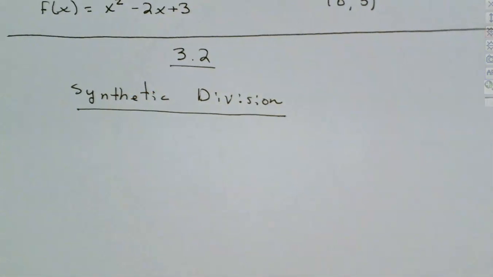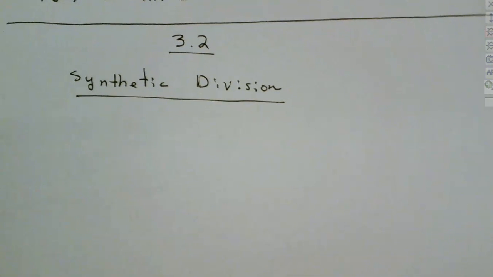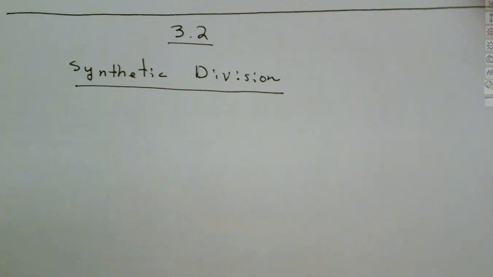We're going to be now talking about synthetic division. Synthetic division can be used in place of long division, and it can be used to find zeros of polynomials. What I'm going to have you do is use synthetic division to find the remainder, to find an answer by plugging a value in.